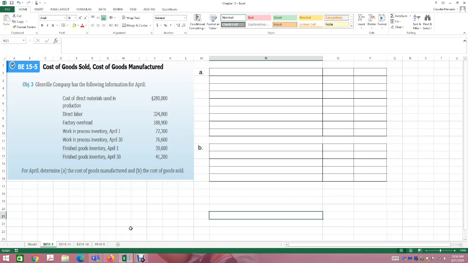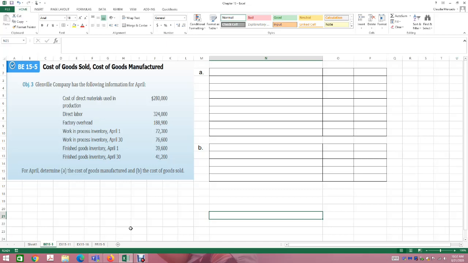They give you the cost of direct materials used in production of $280,000, direct labor of $324,000, factory overhead of $188,900, work in process inventory at the beginning of the month $72,300, work in process at the end of the month $76,600, finished goods inventory at the beginning of the month $39,600, and finished goods inventory at the end of the month $41,200.